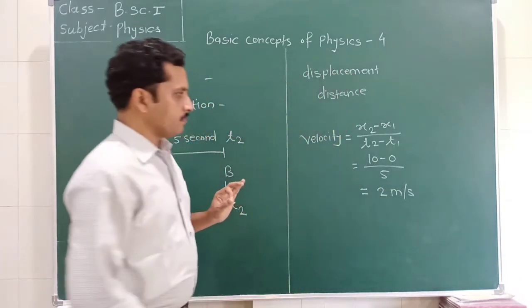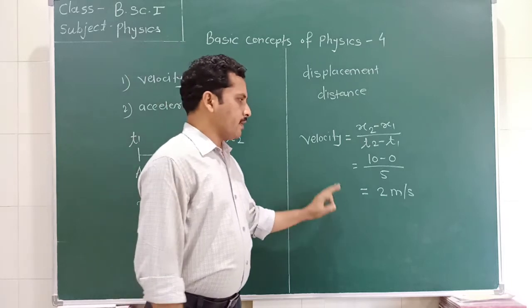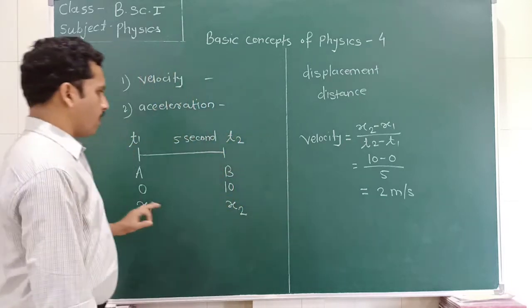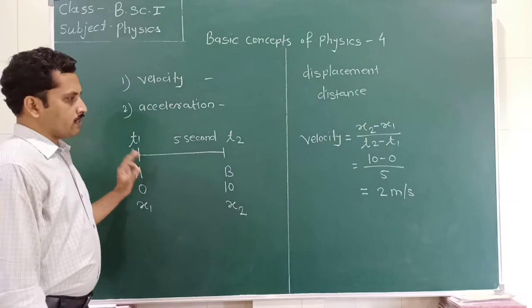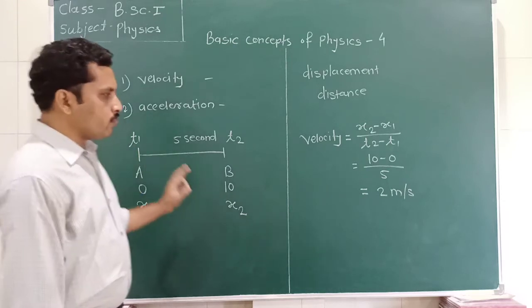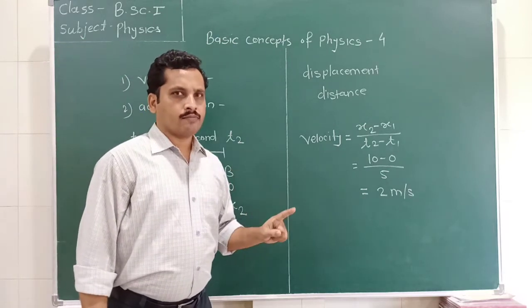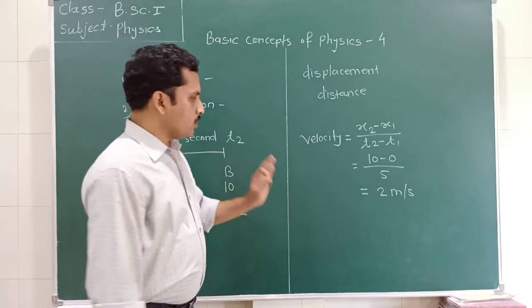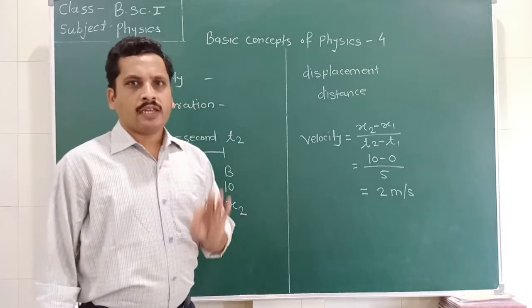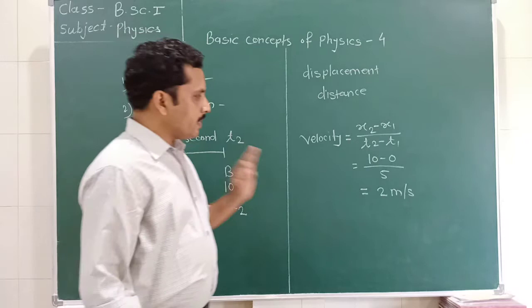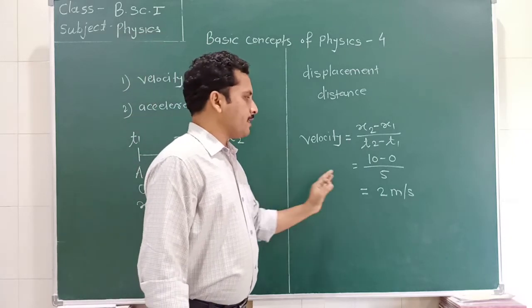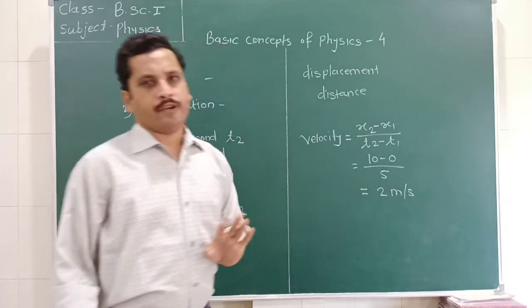It means 2 meter per second: it covers 2 meter, or displaces by 2 meter, in 1 second. If it displaces 2 meter in 1 second, then of course within 5 seconds it displaces about 10 meter.